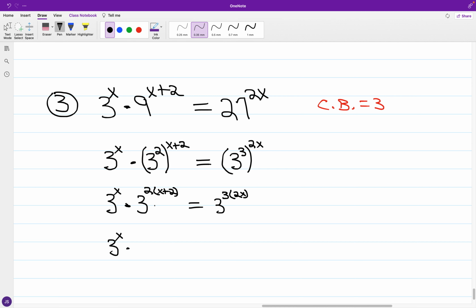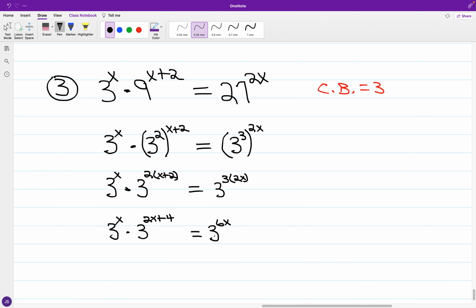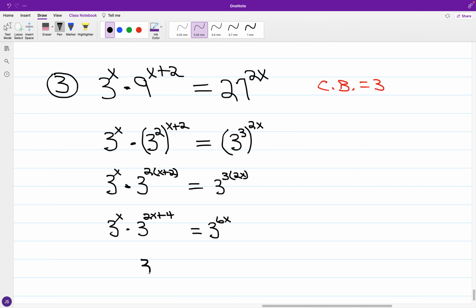And taking care of the parentheses, with the second term, we got 3 to the 3 times 2x plus 4. And to the right, we have 3 to the 6x. And consolidating the two terms on the left into a single base 3 term, I can just add the exponents together.